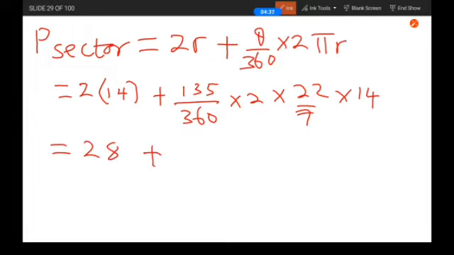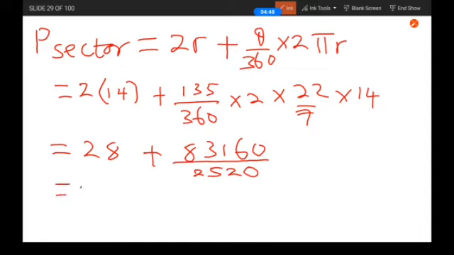Then plus, if you multiply the top very well, you'll be getting 83160, and 360 times 7 is always 2520. It has not changed. So if you divide 83160 by 2520, you'll be getting 33. And if you add them together, you'll be getting 61. And that is 61 centimeters, because we are looking for the perimeter of a sector.